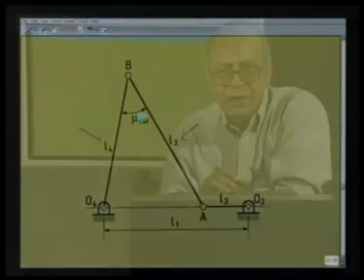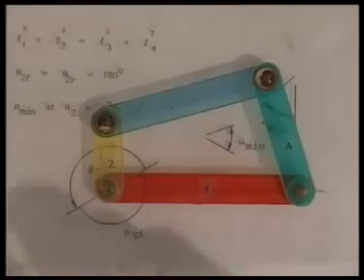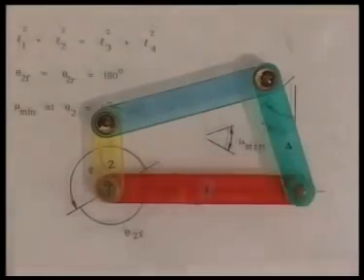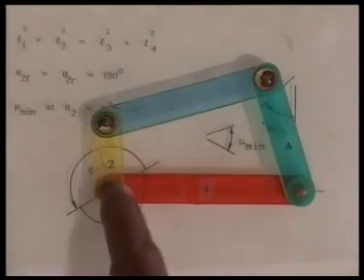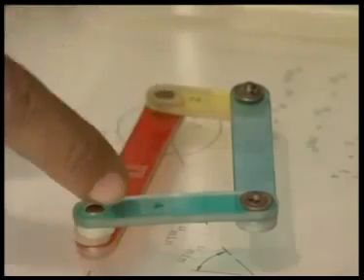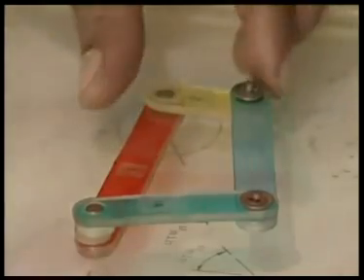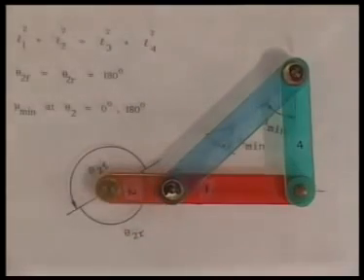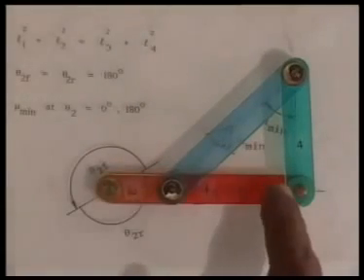This now we will demonstrate through models. We consider this model of a crank rocker linkage without any quick return effect, that is L1 squared plus L2 squared is L3 squared plus L4 squared. For such a linkage, as I told you, the minimum transmission angle occurs when the crank is along the line of frame.